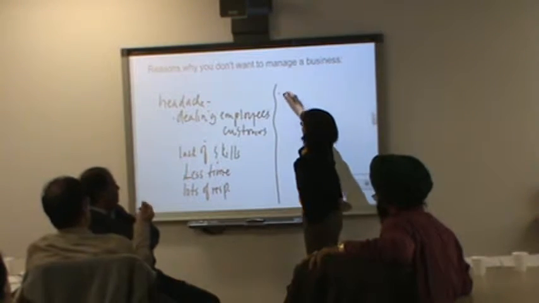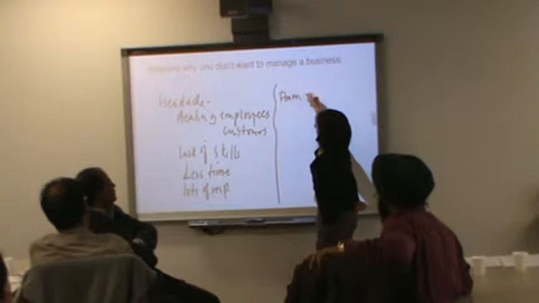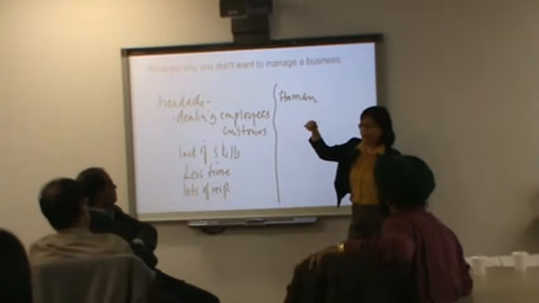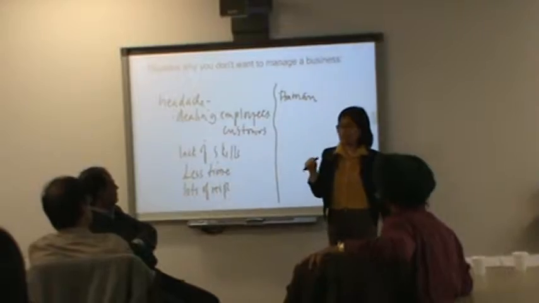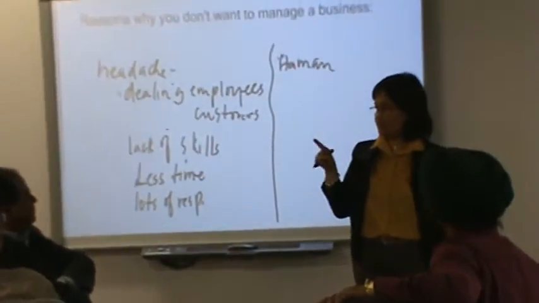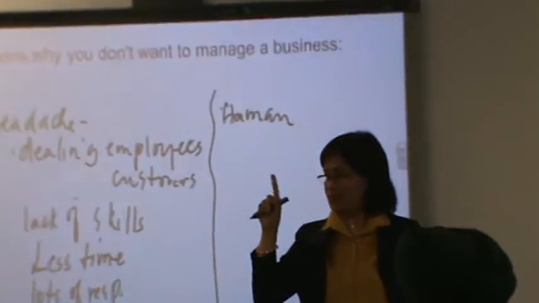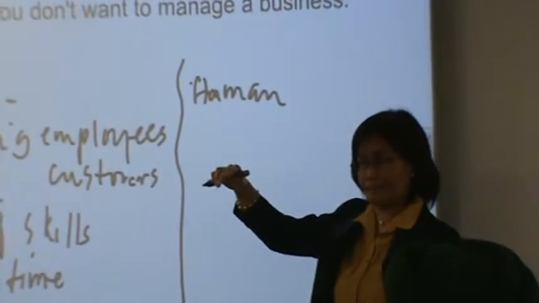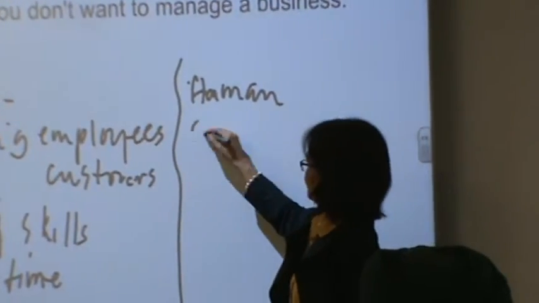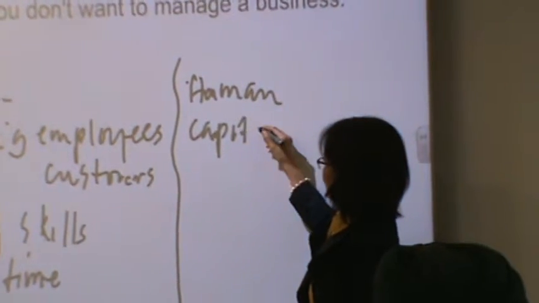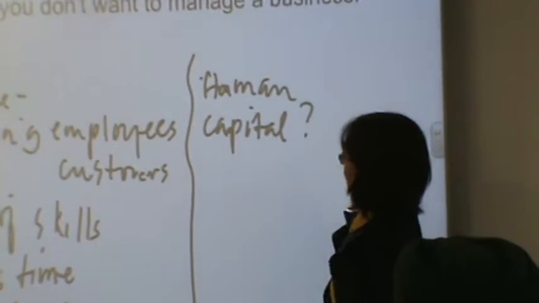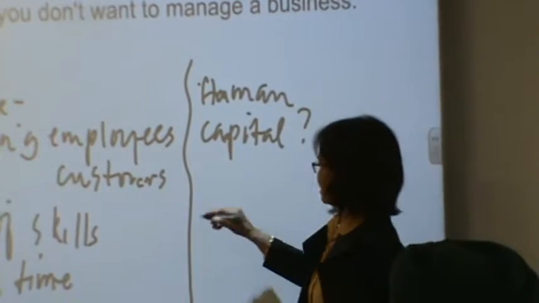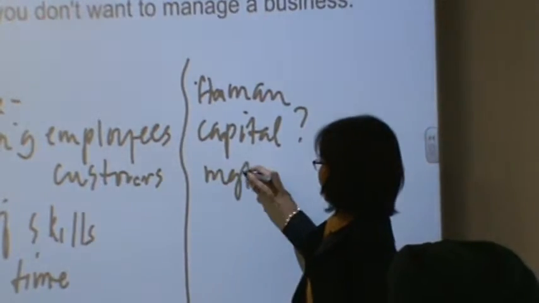Do you know? Human resources. But do you know that the most critical resource of an organization is money? Is it the most critical at this time? Capital. Management skills, ideas.